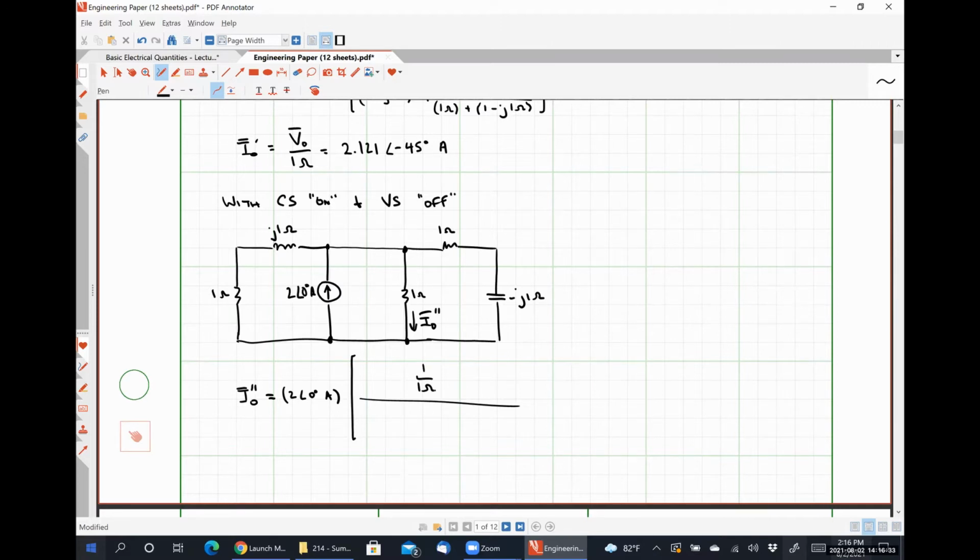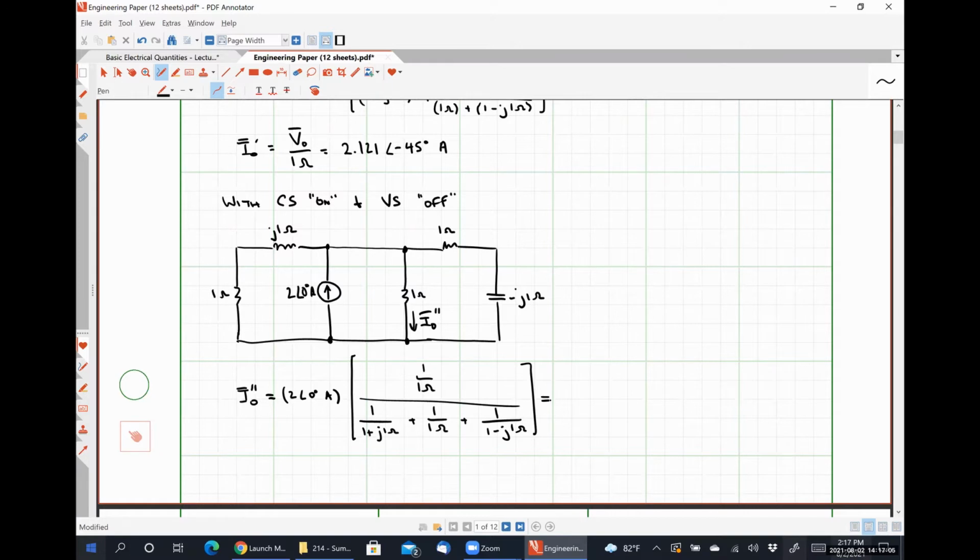And in our denominator, we're going to have 1 over 1 plus j1, plus 1 over 1 ohm, plus 1 over 1 minus j1 ohms. So each of those three terms in the denominator represents the total impedance of each of the three different branches that are connected in parallel with our current source.